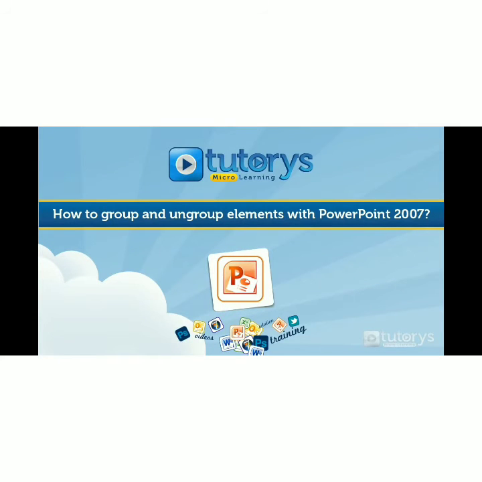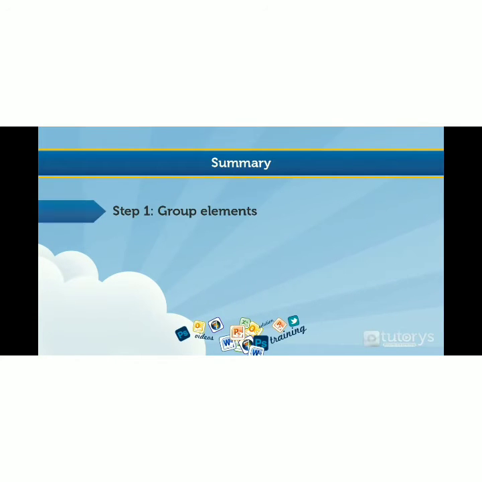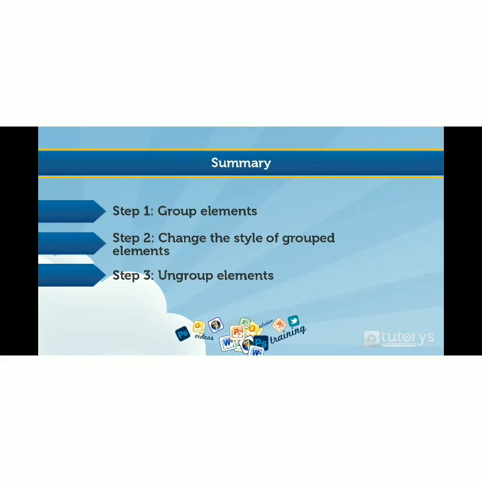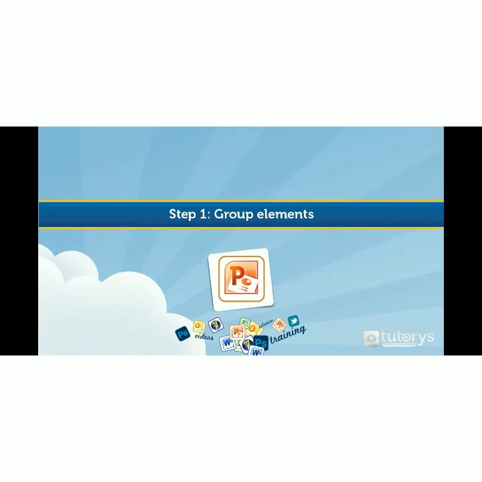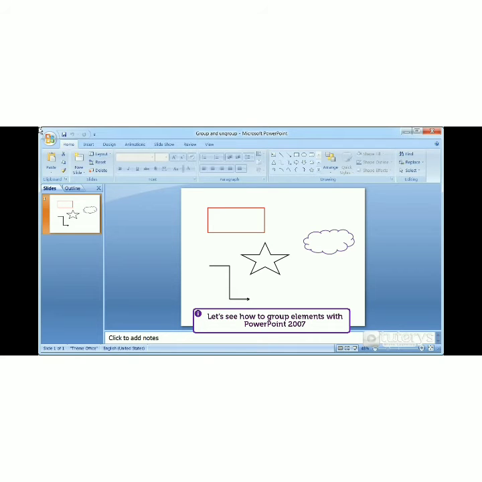Now I'll tell you how to group and ungroup the elements. In this, first I'll tell you how to group elements, change the style of group elements and ungroup the elements. For grouping the element, first of all, use the select tool to select the multiple drawing objects in PowerPoint.